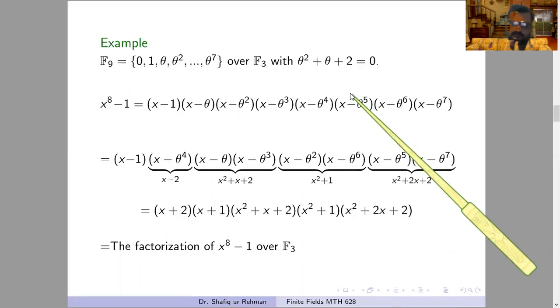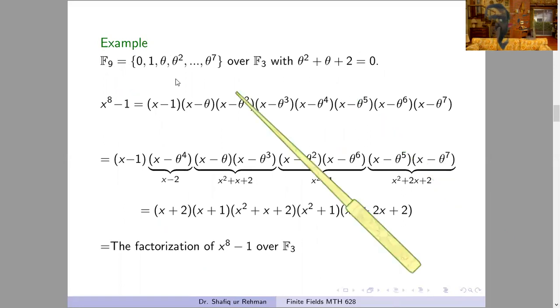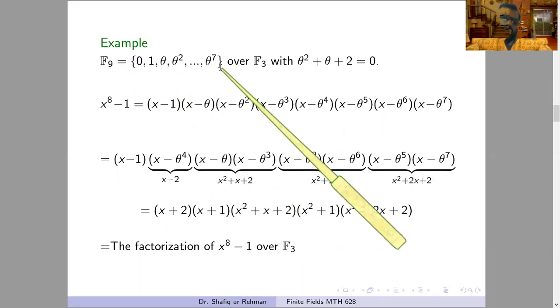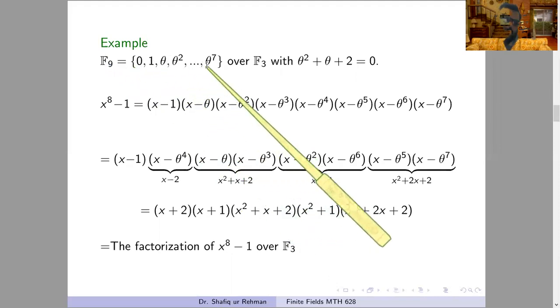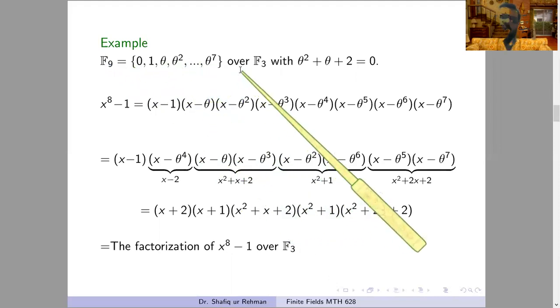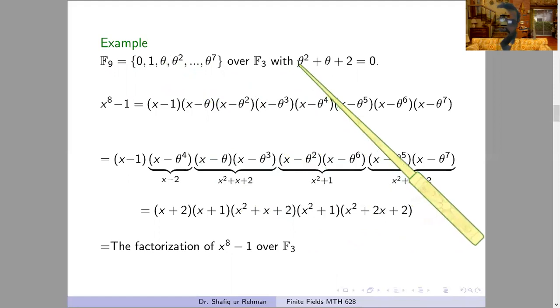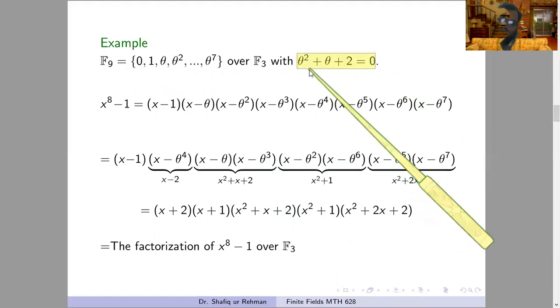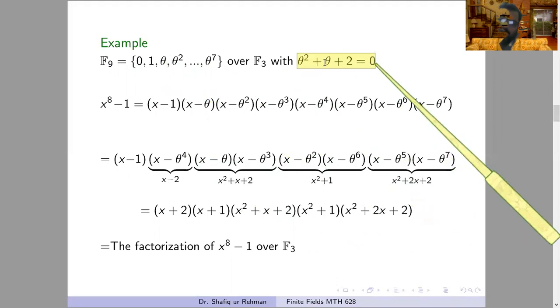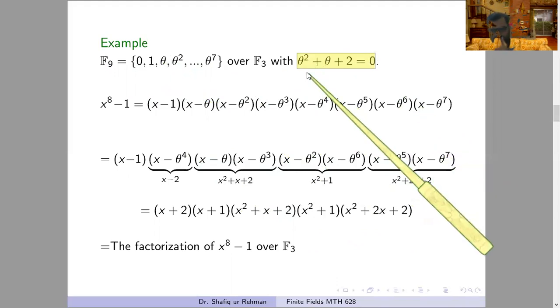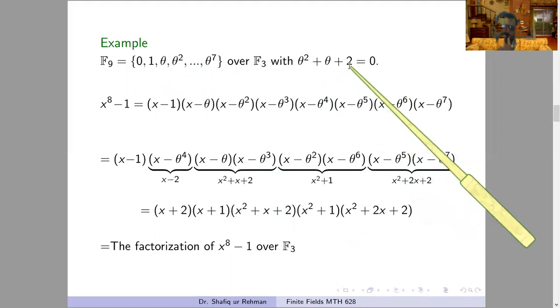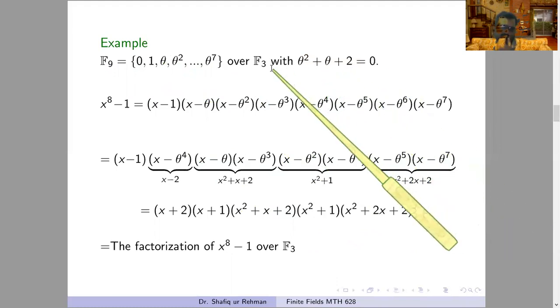Now, in order to understand the procedure of factorizing this type of polynomial, let us observe this example. We consider the field F9, and we write all the elements in terms of powers of its primitive element, where this is the relation that the primitive element satisfies. The primitive element theta is a root of the polynomial x square plus x plus 2, which is irreducible over F3.